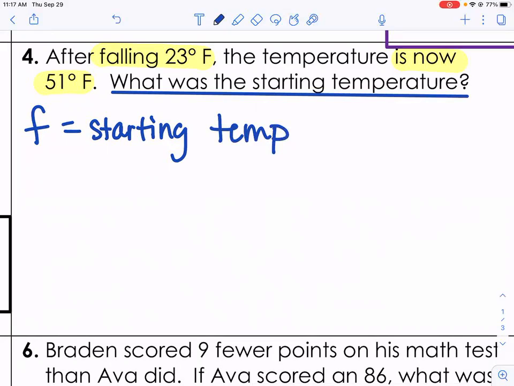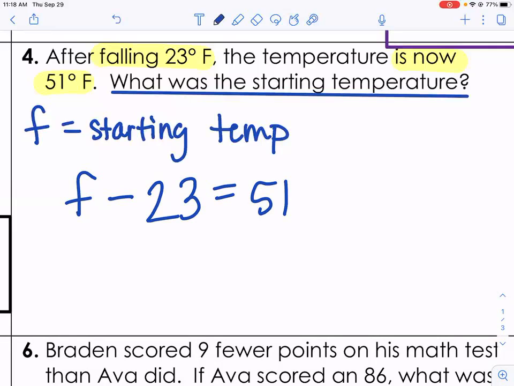Who thinks that they have the equation? Kinley, what do you have? Minus 20. Okay, so let's talk through this. We have a starting temperature. Our temperature falls 23 degrees and is now 51.